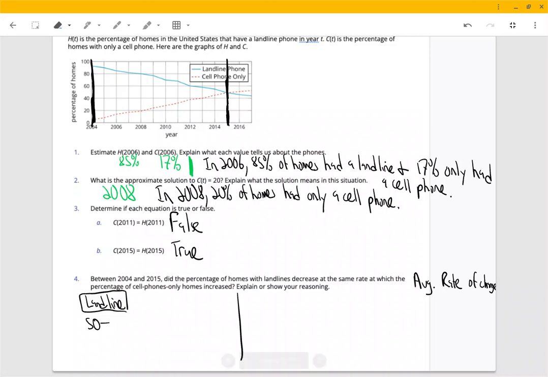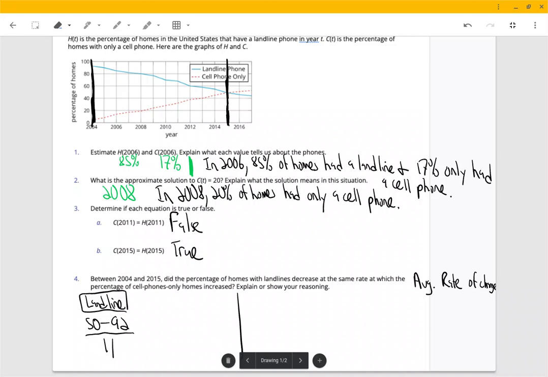So I'm going to say it's like 92% or 93%. So between 2004 and 2015, it dropped from about 92% to 50%, right? And we're going to divide that by 2004 to 2015. That is an 11-year time span. So we're going to divide that by 11, okay?